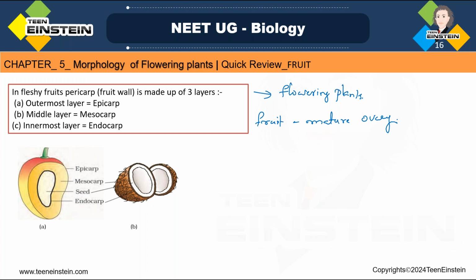And how is this ovary developing? It's after fertilization that it gets matured, and that developed, ripened fruit after fertilization is called a fruit. If a fruit is formed without fertilization of the ovary, that is called a parthenocarpic fruit.